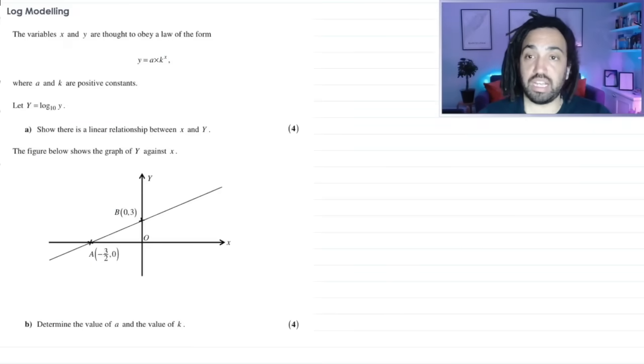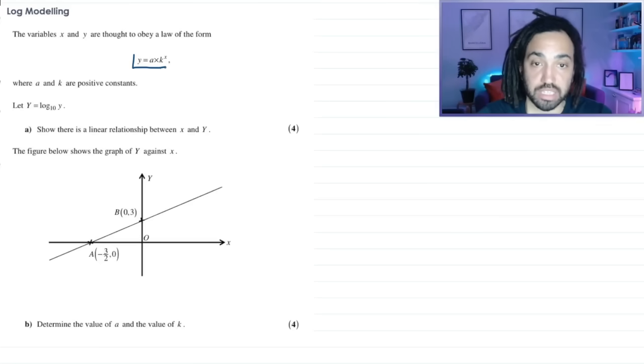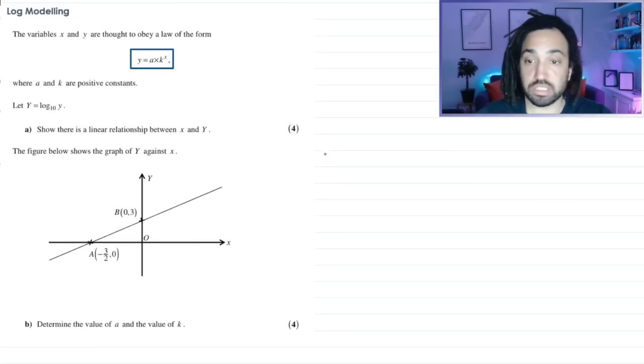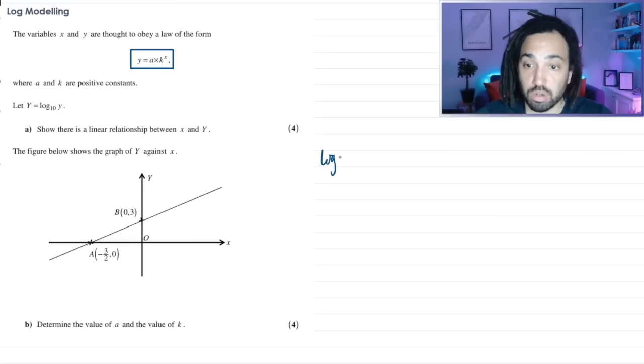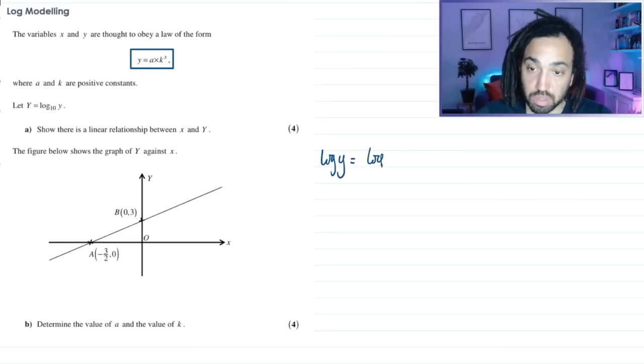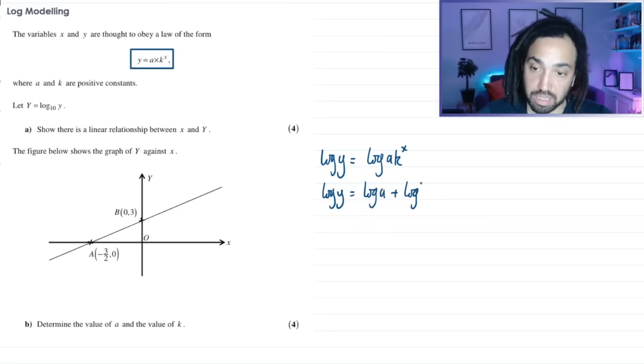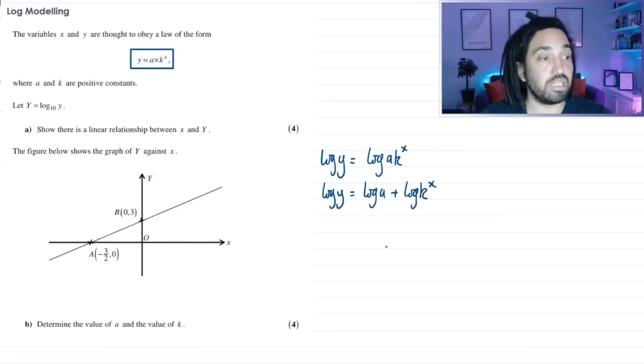Okay, log modelling. Now if I do a question like this, I always take the formula and then take the log of both sides. So we'll do log of y is equal to log of a k to the x, and then we'll split that log on the right up, log a plus log k to the x.